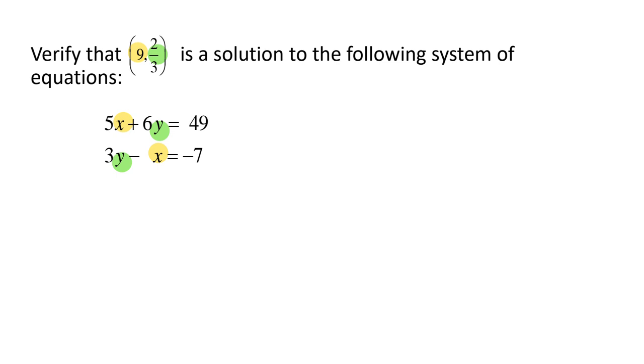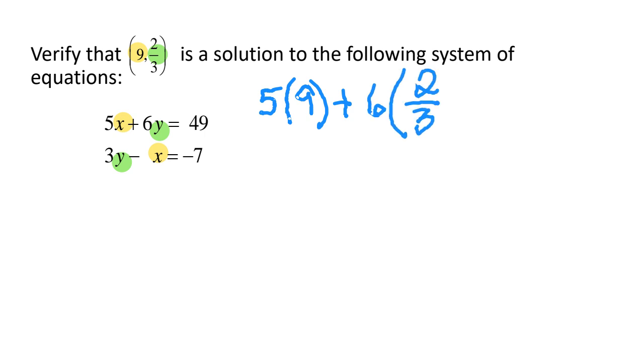Well, to verify, I am going to rewrite the equation so that where the x appears and where the y appears, I am going to put parentheses, which means this is 5 times 9 plus 6 times 2/3 equals 49.